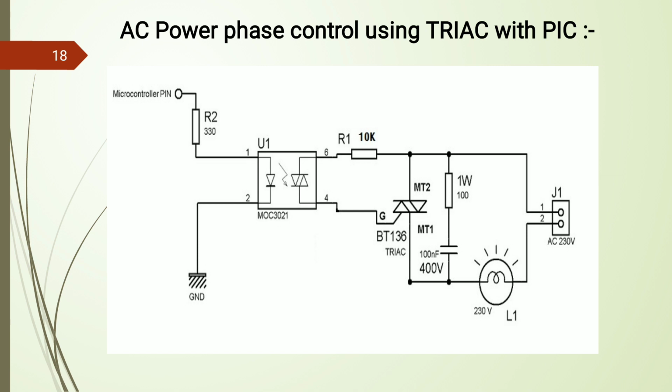So based on the generated output, here is the actual triac, which is connected in between the load, supply and ground, that is phase and neutral terminals, so MT1 and MT2.